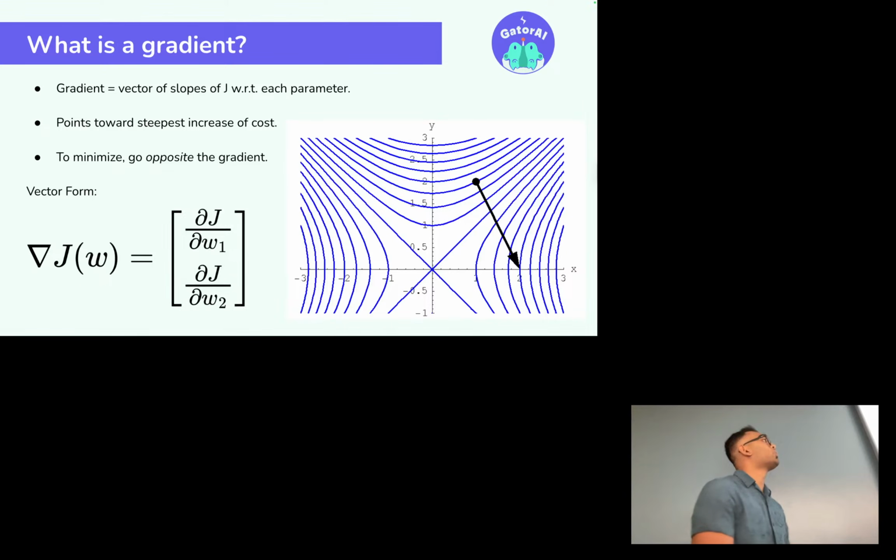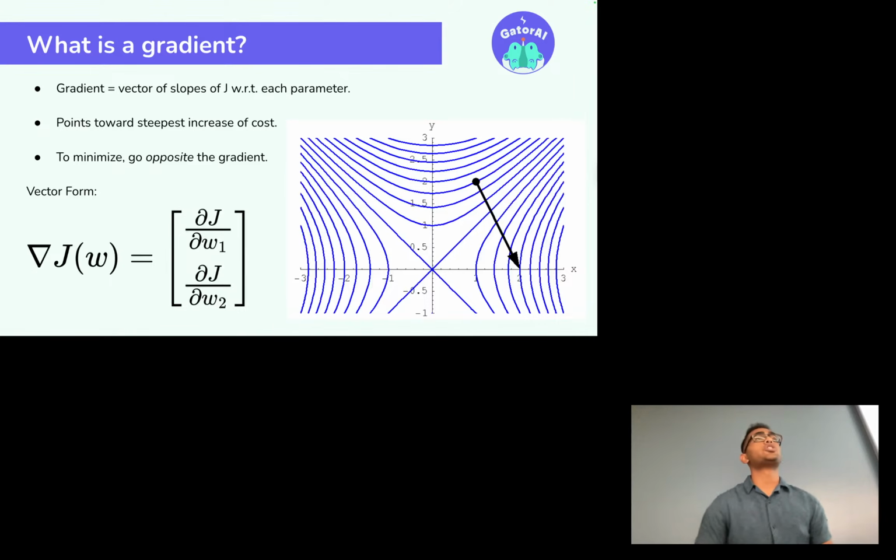So we know that the gradient points in the direction of the steepest ascent, so when it's going up. Well, if you wanted to minimize cost, you would do the exact opposite. You would find the direction of it going downhill. And so the bigger the gradient you have, the steeper the slope. And ideally, we don't want our slope to be as steep because we want to reach that lowest value.